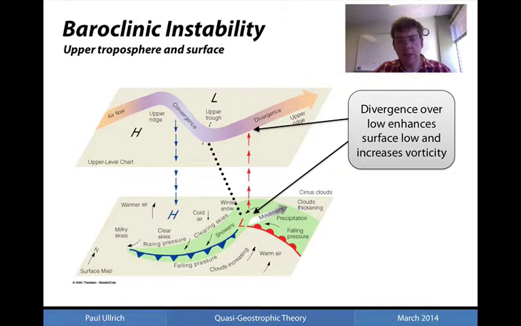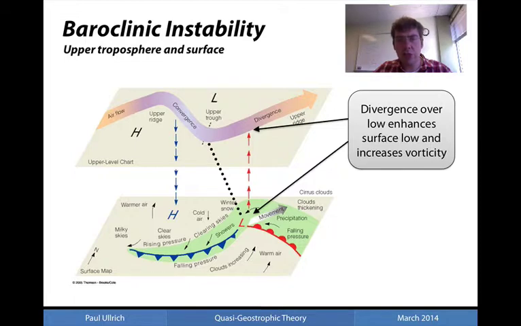So you have the existence of the warm front extending eastward from the surface low and the cold front extending to the southwest away from the surface low. As you can see, this system has the characteristic westward tilt associated with the baroclinic instability. That is, the upper level low is located to the west of the surface low, and analogously with the upper level high and surface high.